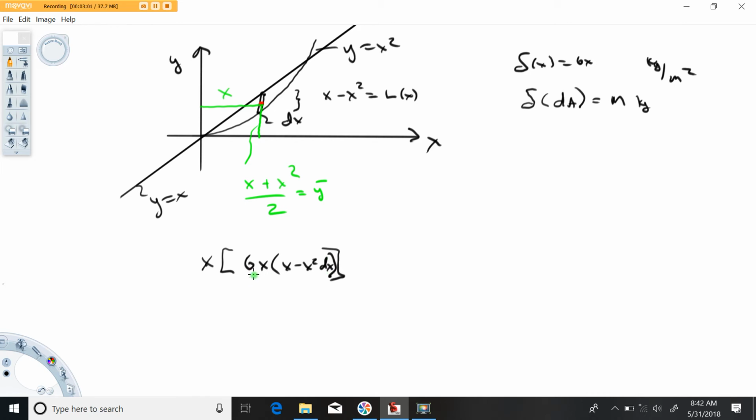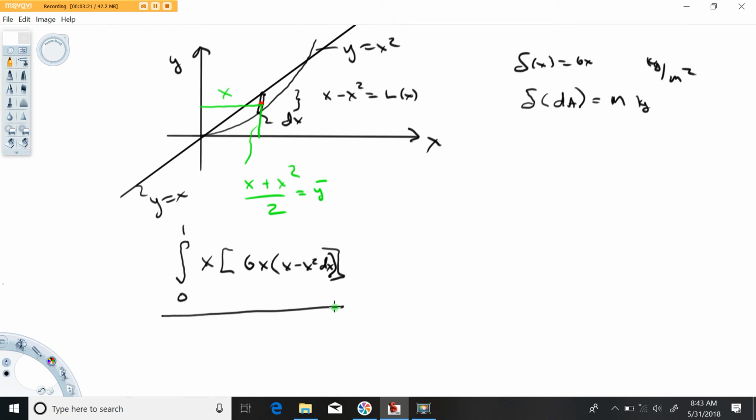So our density times our area. This in theory would come out in kilograms. And then we're giving this a weight in kilograms. These then get added up, 0 to 1. I believe is the x value that's going to solve that.